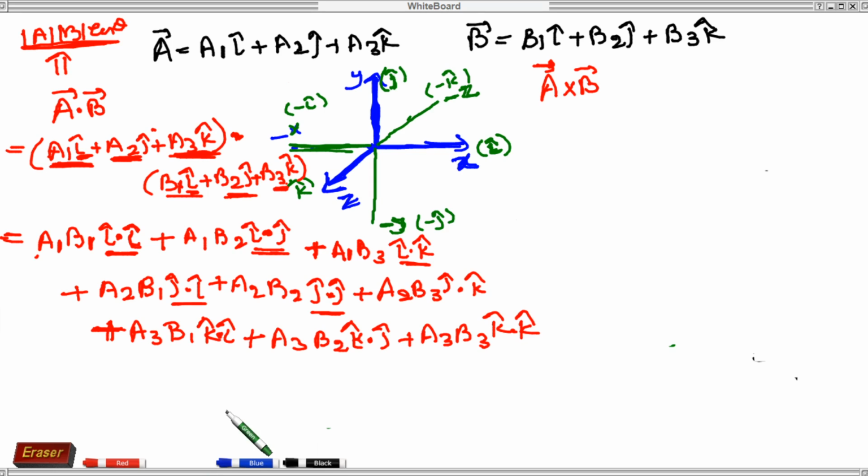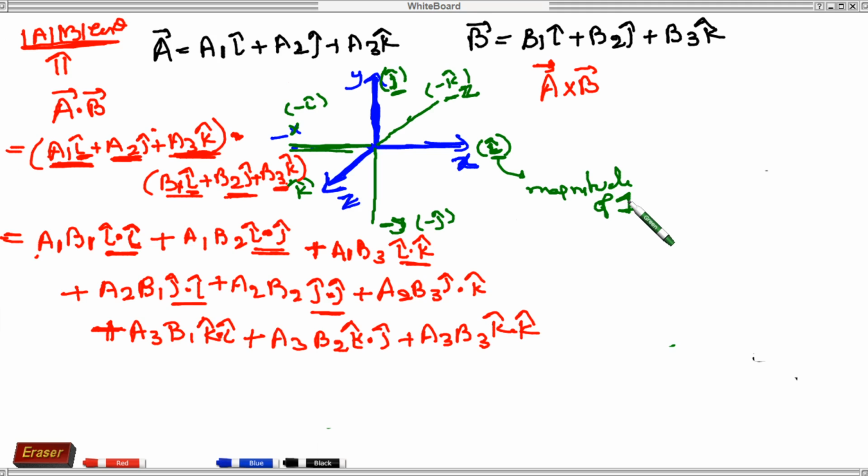So I told you that it's a unit vector. What does it mean? Magnitude of 1. It means it has only one unit.